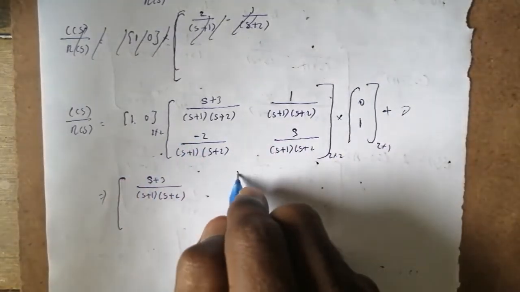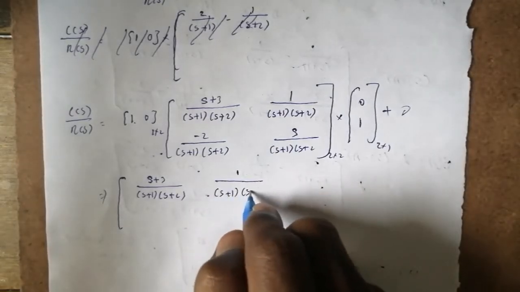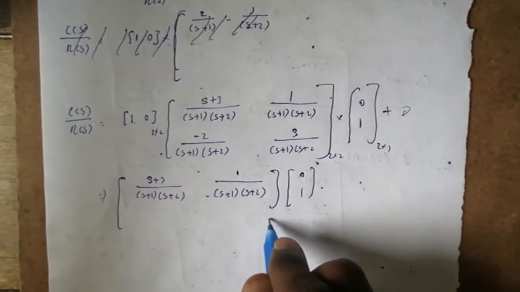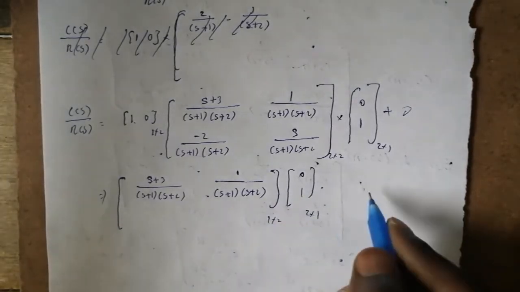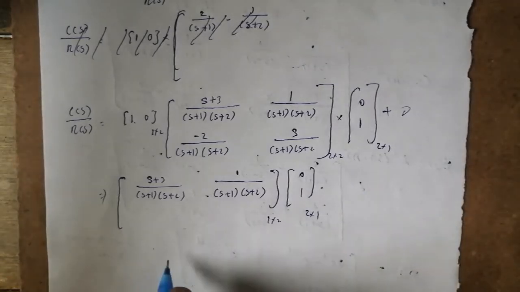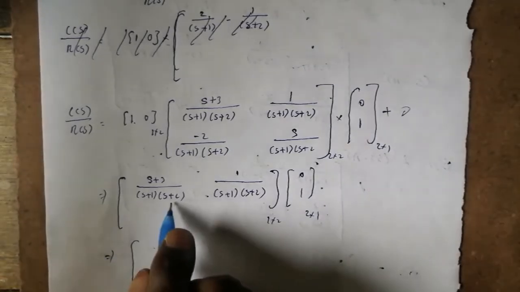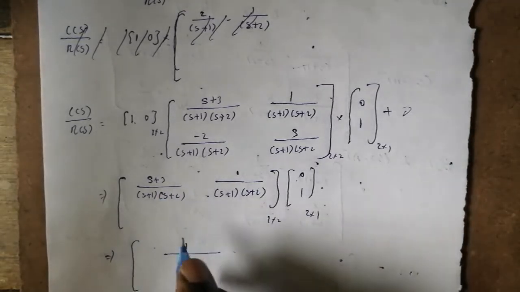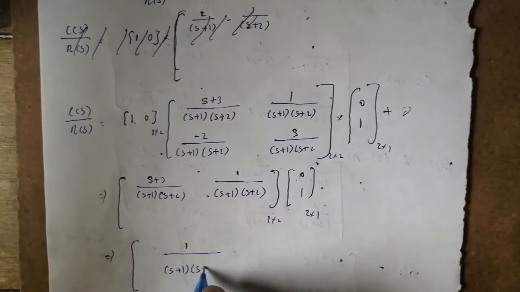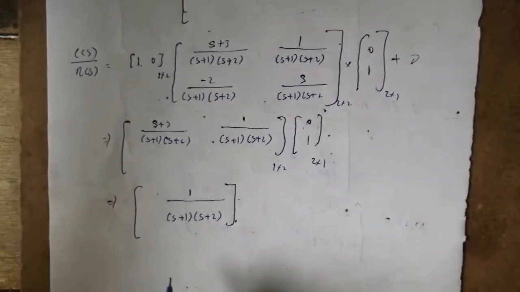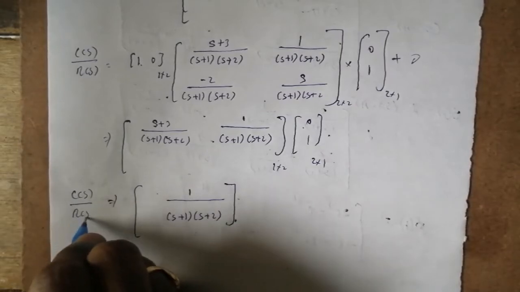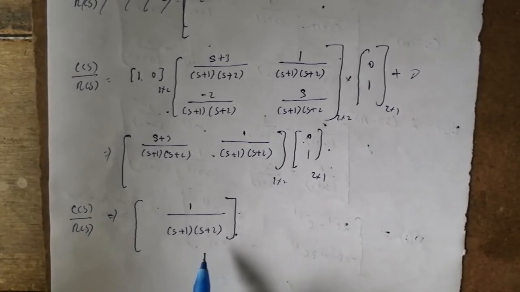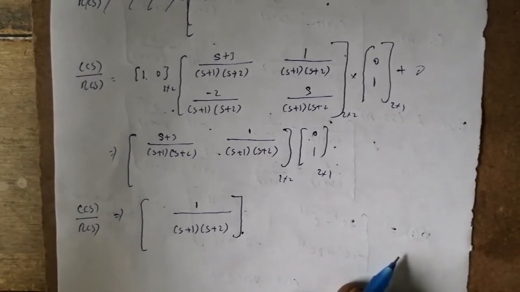Next, 1 divided by (s plus 1)(s plus 2), and next is [0 1]. So finally you will get a 1 by 1 matrix: 0 into s, this one is 0, and 1 divided by (s plus 1)(s plus 2). So this is C(s) divided by R(s). Finally we obtained the transfer function C(s) divided by R(s) equals 1 divided by (s plus 1)(s plus 2).